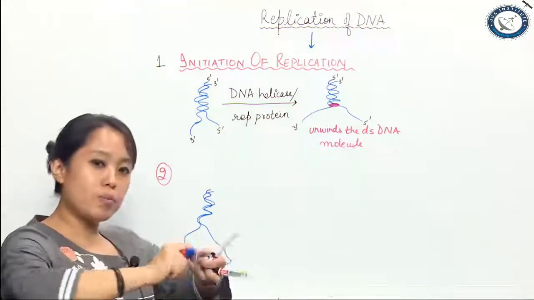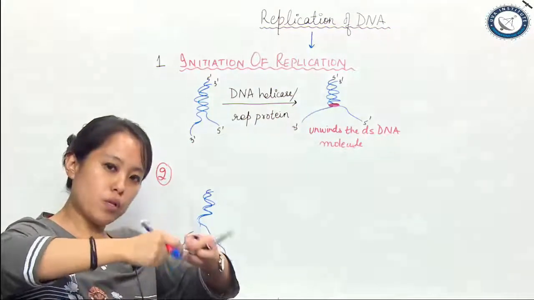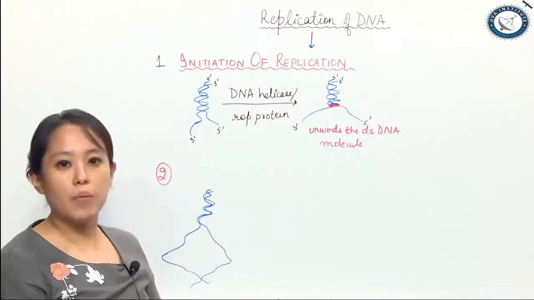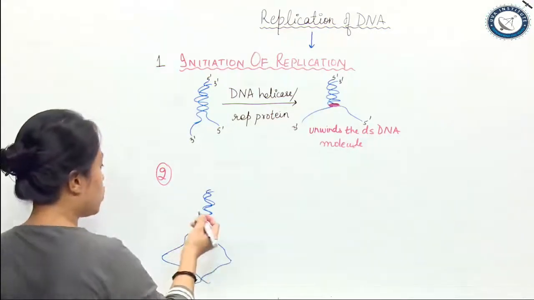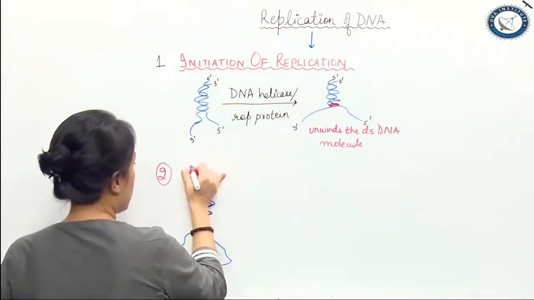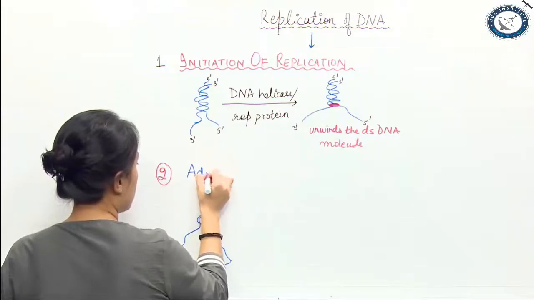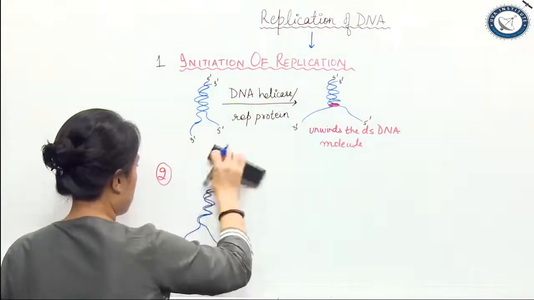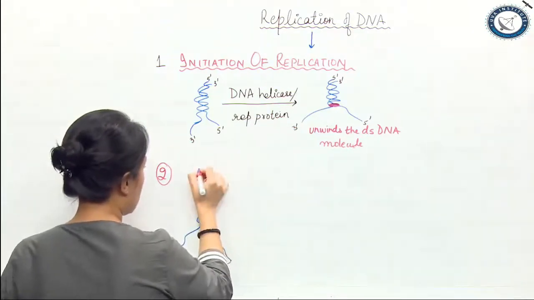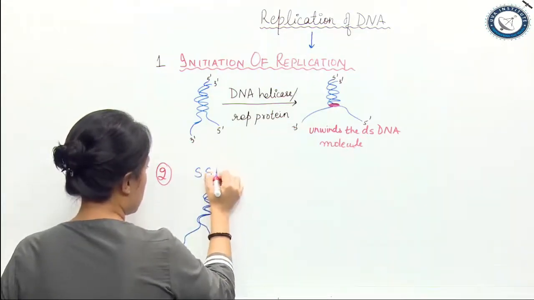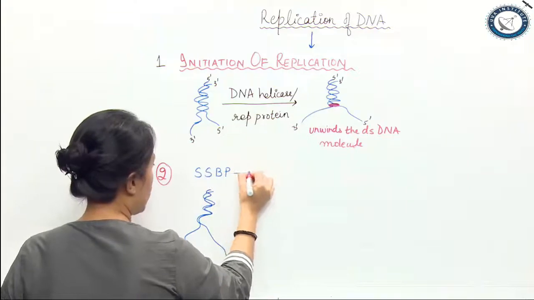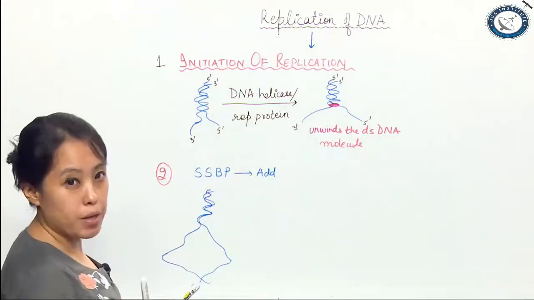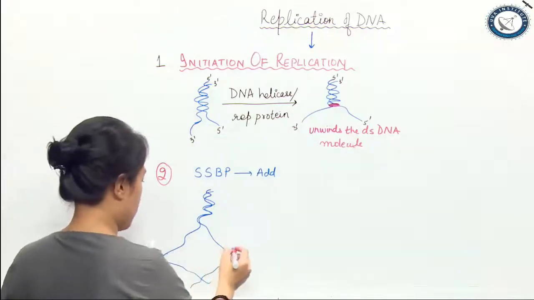You are opening up the pleats, but at the end, they might start coiling up again. So at that point of time, what do we need? We need to add SSBP.